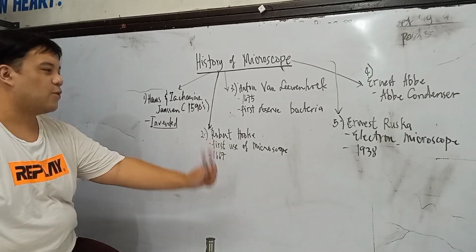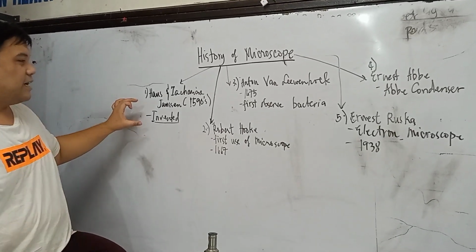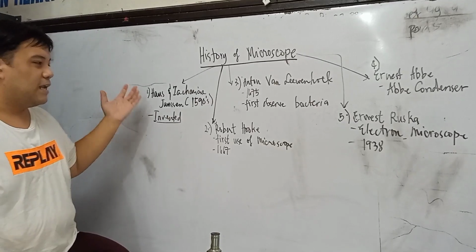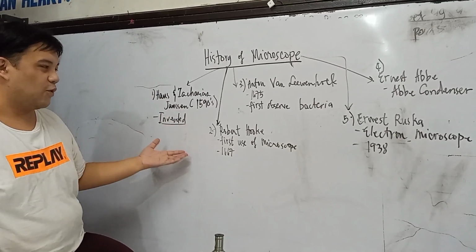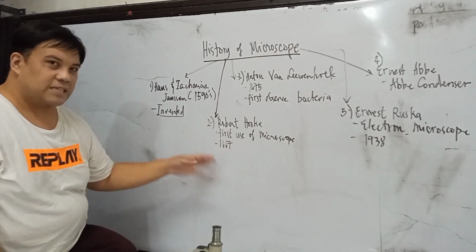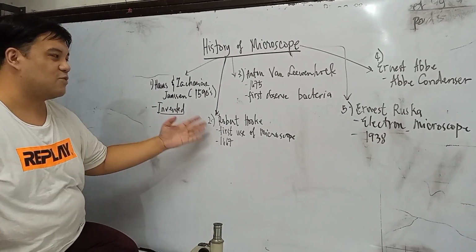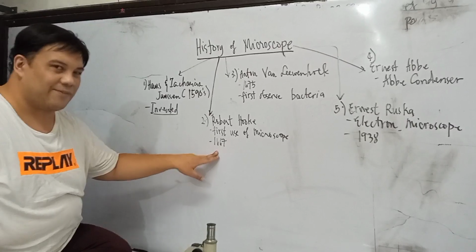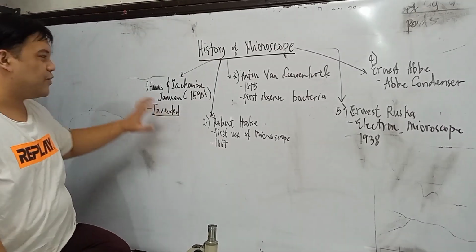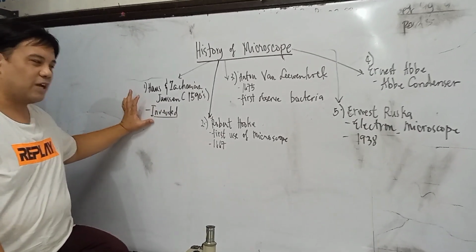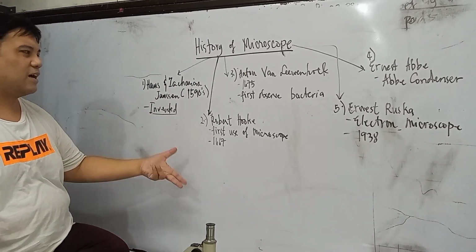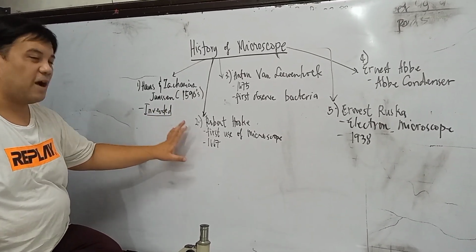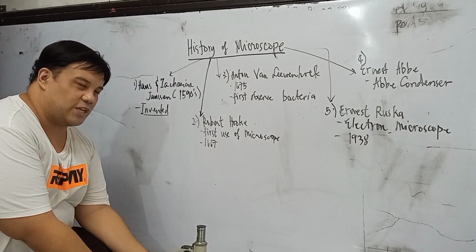Next, Robert Hooke. After ng invention ng microscope, nagkaroon si Robert Hooke ng first use. Siya yung unang nakagamit ng microscope during 1667. After the invention, nagkaroon ng first use of the compound microscope, ganito na yung itsura niya.